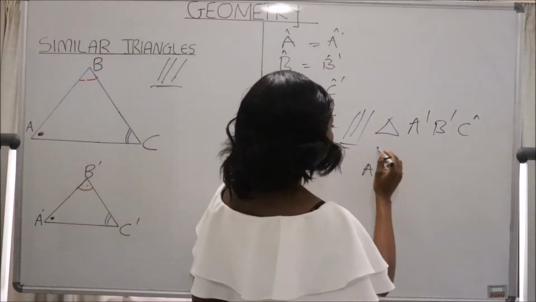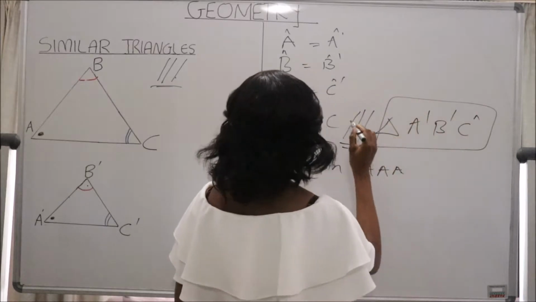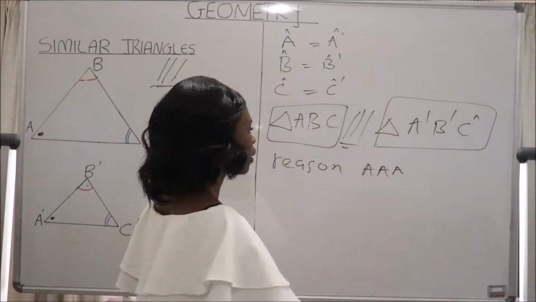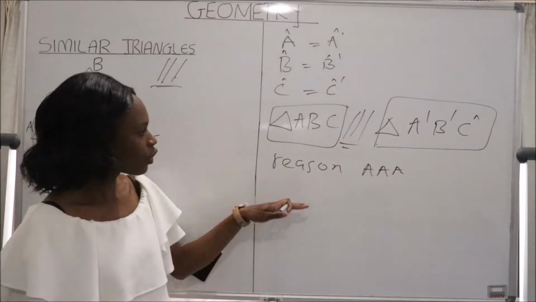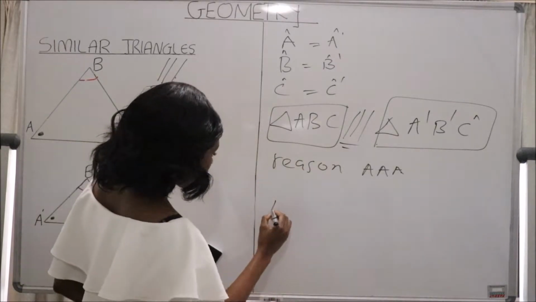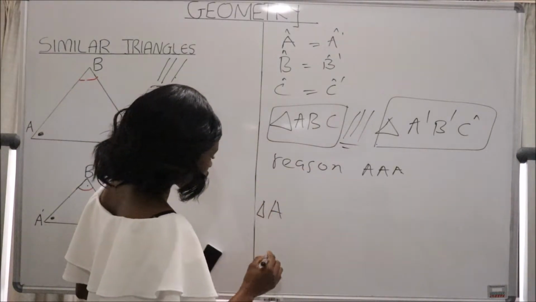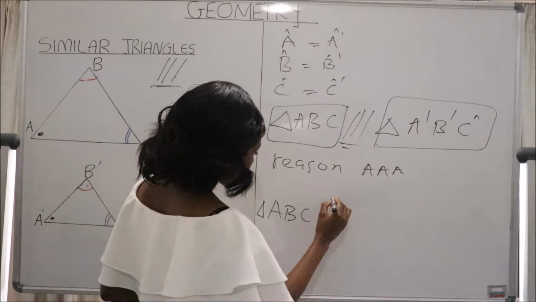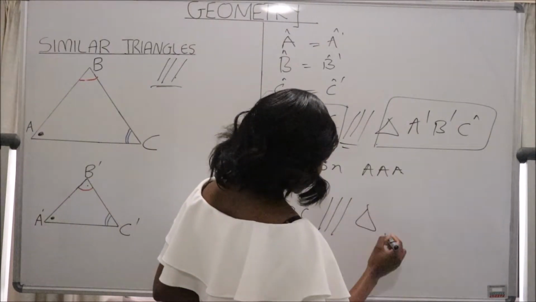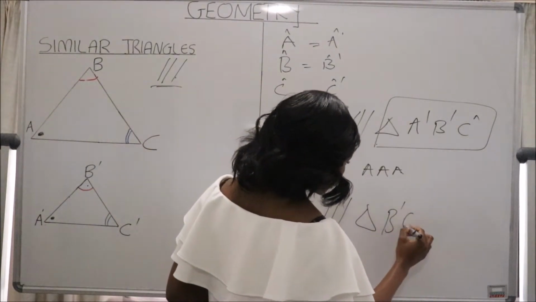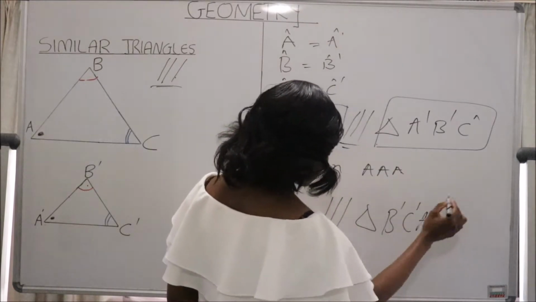Alright, another thing that you must also take into consideration is writing your triangle in order. For example, if we wrote triangle ABC is similar to, let's say, triangle B prime, C prime, A prime, this is wrong.